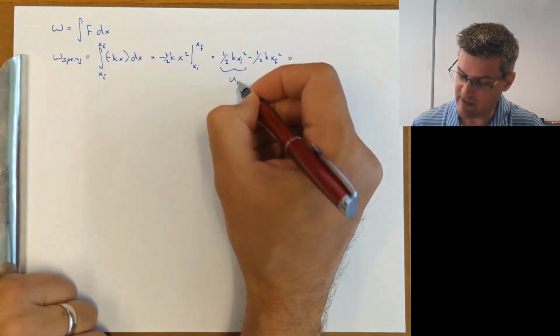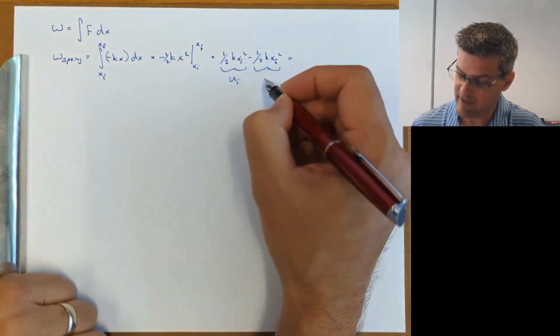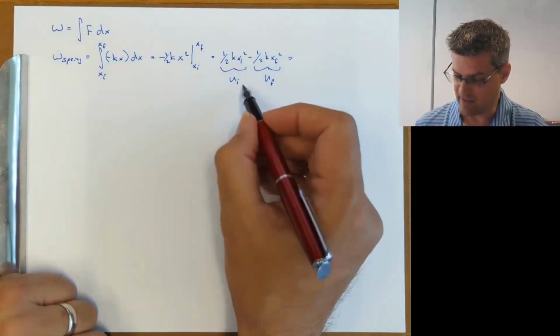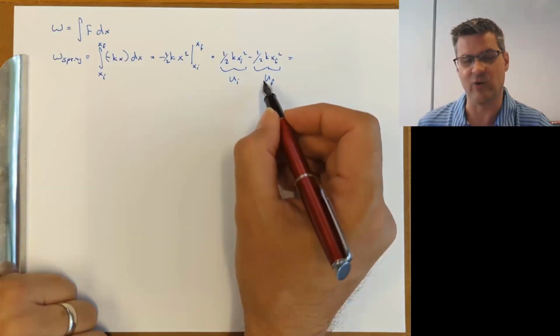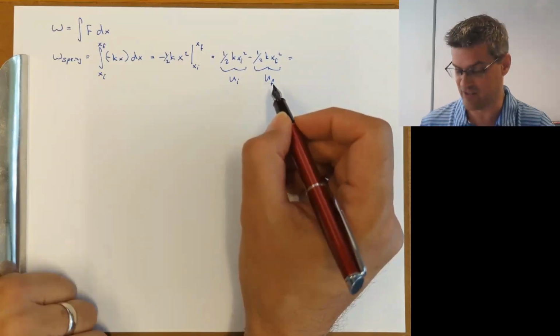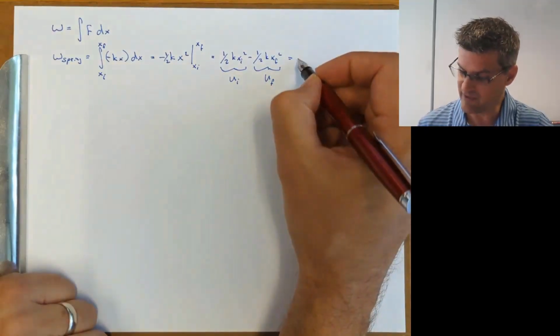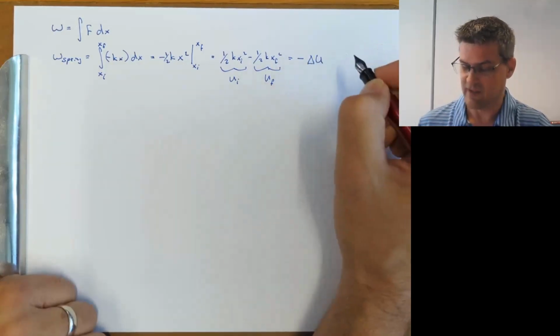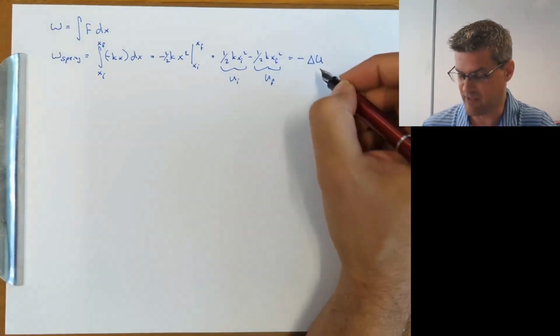This is an initial potential energy. This is a final potential energy. And the order is not the order that's needed for change in potential energy. Change in potential energy is U final minus U initial. So this is the negative of the change in potential energy.